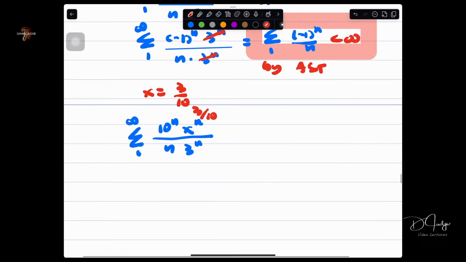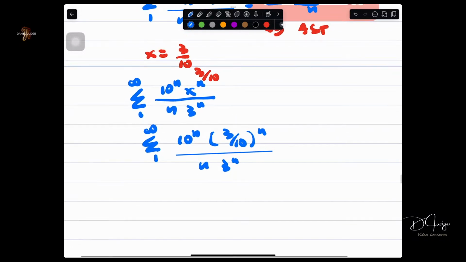Doing some algebra, plugging that value in, we get 10 to the n, times 3/10 to the n, over n times 3 to the n.